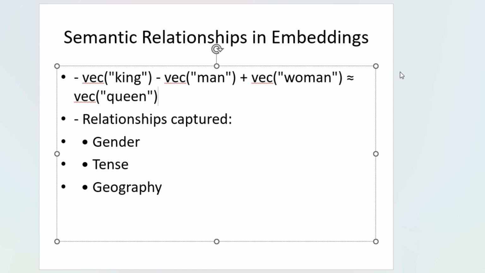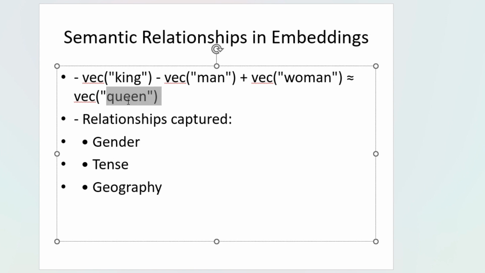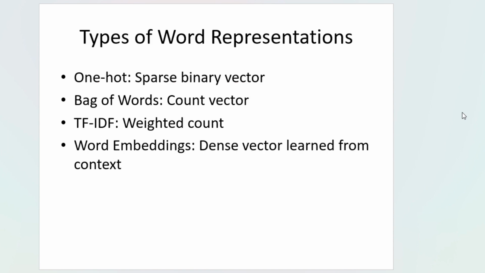Suppose I remove the man gender from that king and add the woman gender, then automatically it will be equal to queen, right? The queen will also have the same powers and the same authority as the king, but the gender changes. That's how it can be represented. We can capture relationships like gender, tense, geography, and all those things.